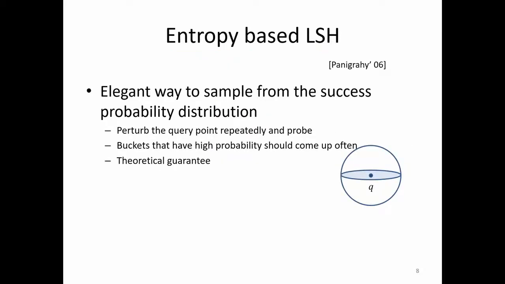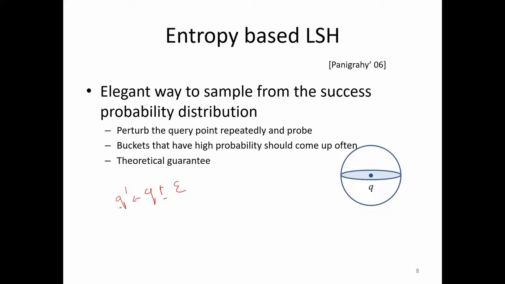A simple way was suggested in entropy based LSH, which is that you perturb the query point. So you have this query point q, and you do some perturbation, q plus or minus some perturbation epsilon, and you generate a point q dashed.